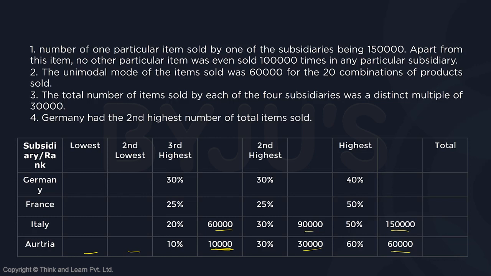So if it has to be multiple of 10,000 and cannot go beyond 10,000, these two also have to be 10,000 each. There is no other case possible. So at least for Austria, we are able to get all the values. Are we clear? So total will come out to be 1,20,000 for this, which is a multiple of 30,000, which the question says, right?